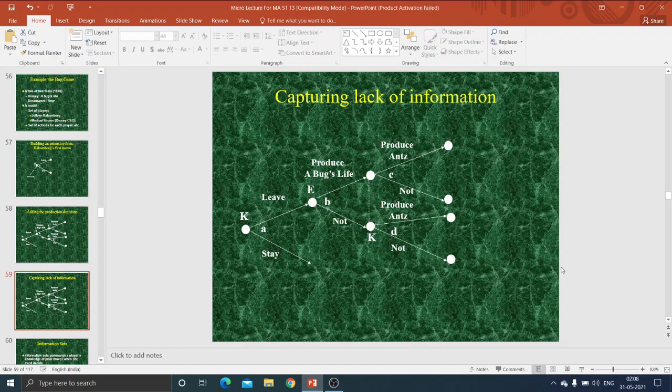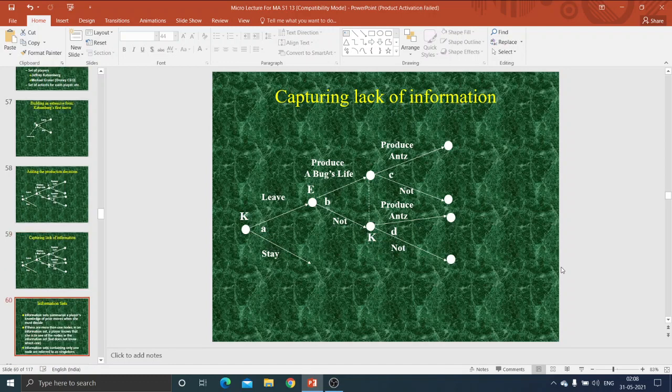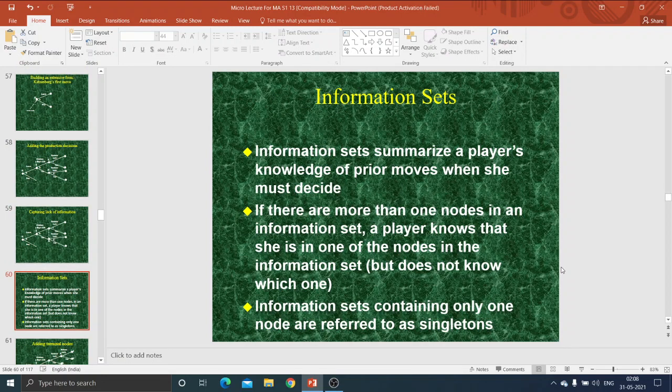So these two nodes are in one information set as a result of this sequence. Information sets are very crucial. An information set summarizes a player's knowledge of prior moves when she must decide. If there is more than one node in an information set, a player knows that she is in one of the nodes in the information set but does not know which one.